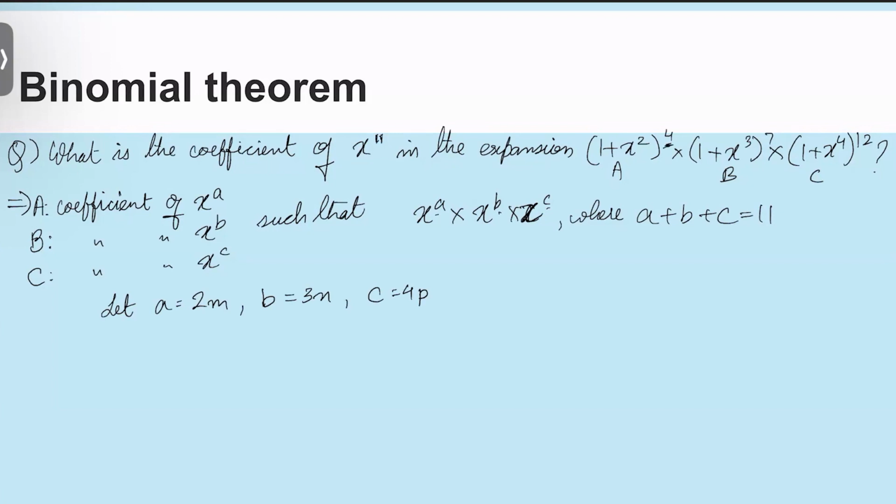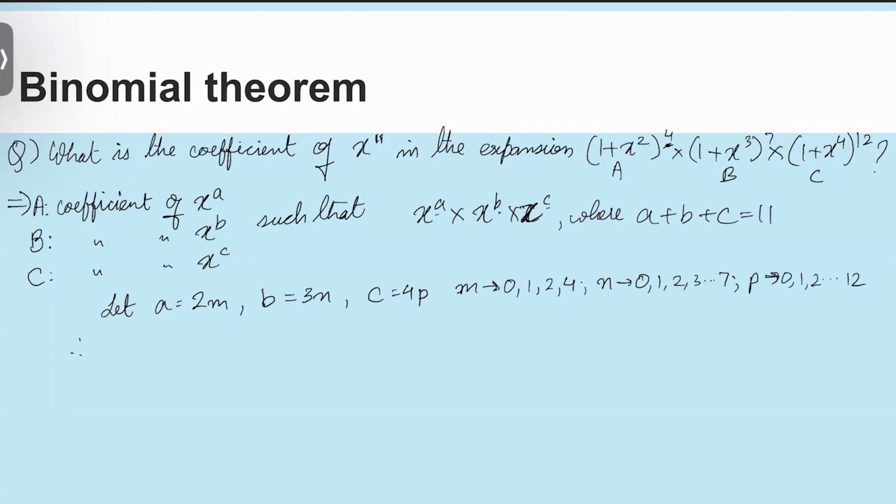So m will start from 0, 1, 2 and go up to 4. Then n will begin with 0, 1, 2, 3 all the way till 7, and p will also take the values from 0, 1, 2 all the way up to 12.